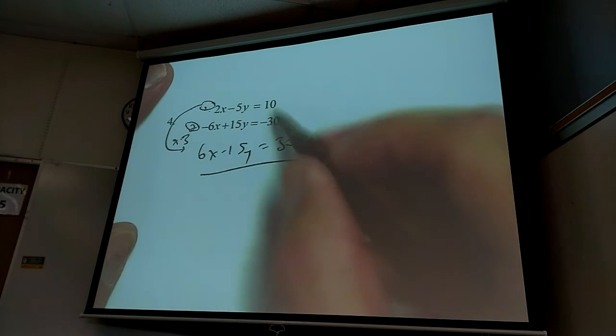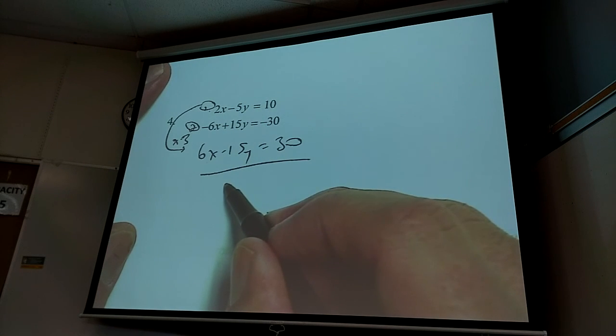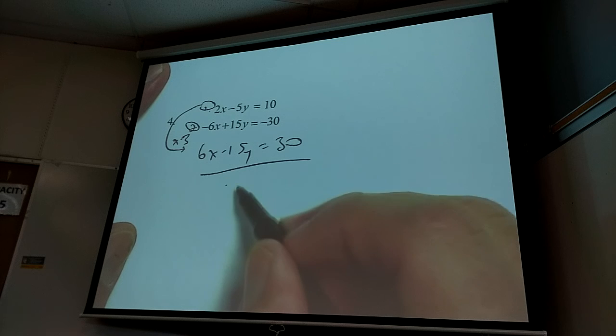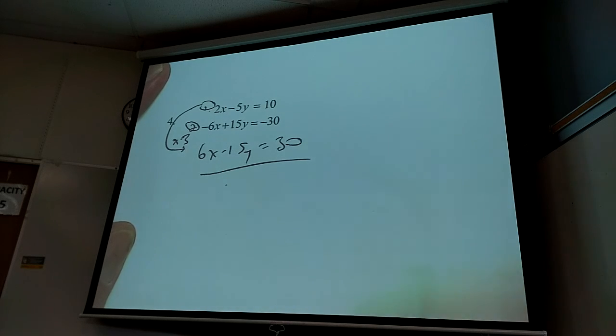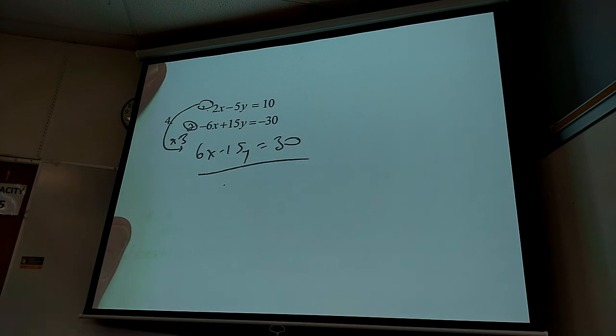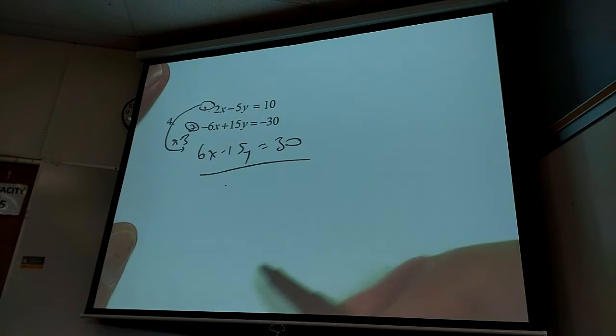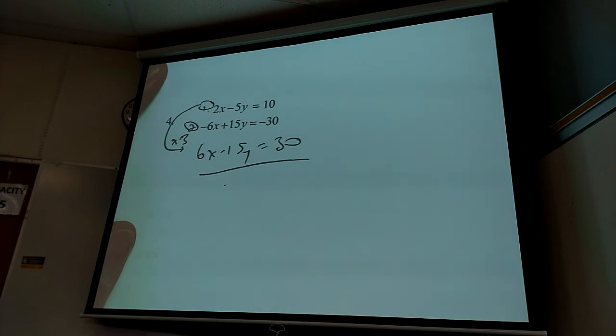And of course, what do you get when you add these together? What are we adding together?